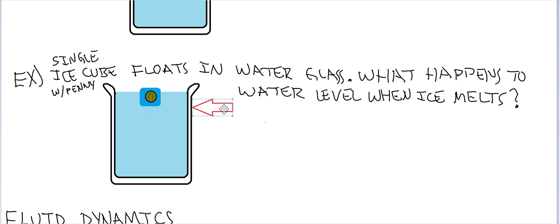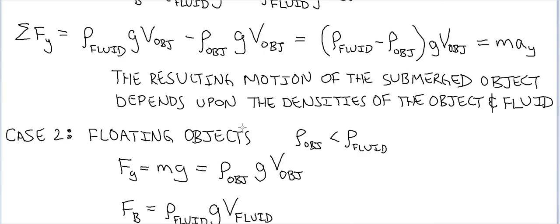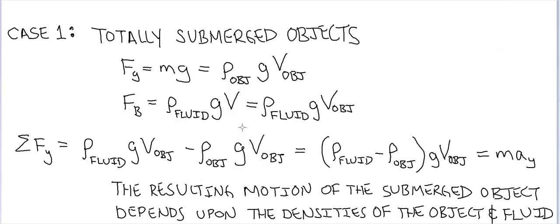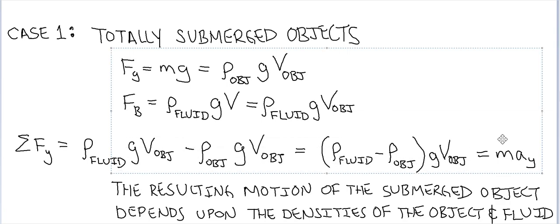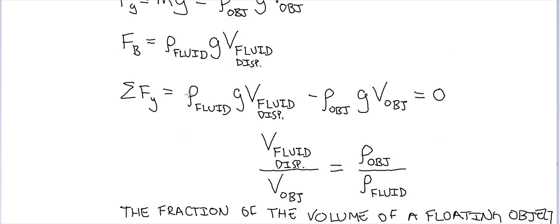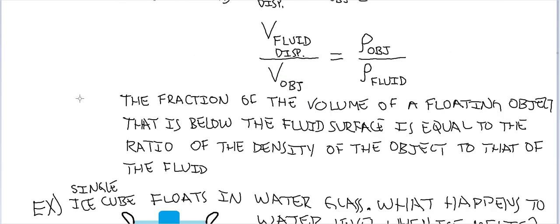Hopefully that's okay. Pause the video here and convince yourself of why that would be true. You can do that entirely based on comparing case 1 up here to case 2.